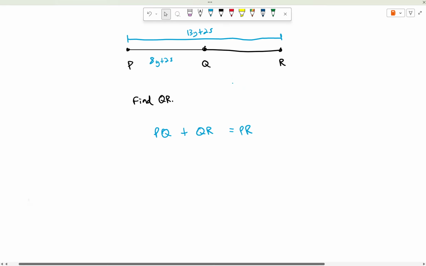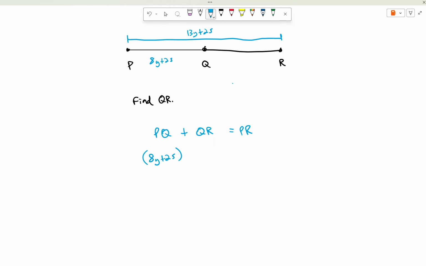PQ plus QR, which just shares the point Q, is equal to the entire thing. And now we just substitute, right? I have 8y plus 25. Okay? And that is plus QR. Okay? And that's going to be equal to 13y plus 25.